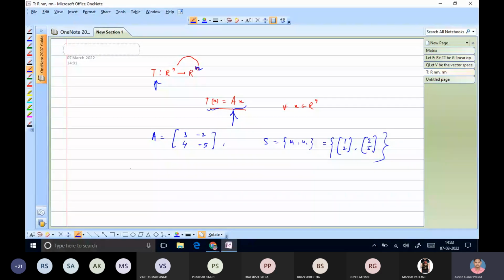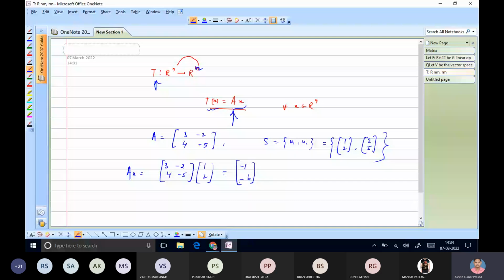A is 3, minus 2, 4, minus 5, and x is 1, 2. From this, 3 into 1 is 3, minus 4, that is minus 1. 4 into 1 is 4, minus 10, that is minus 6. I will get this vector.